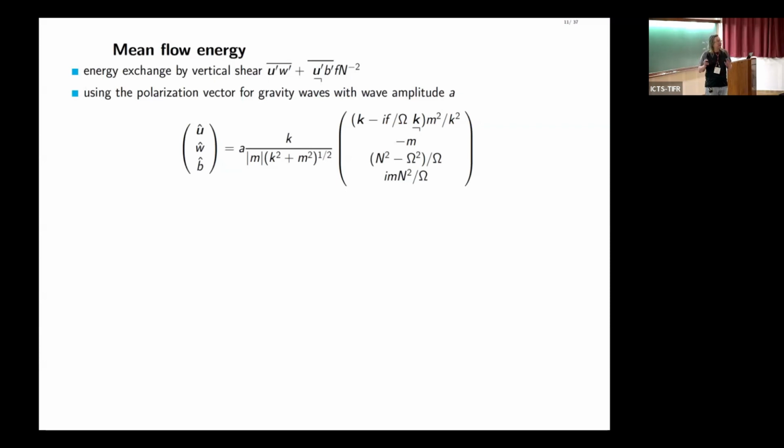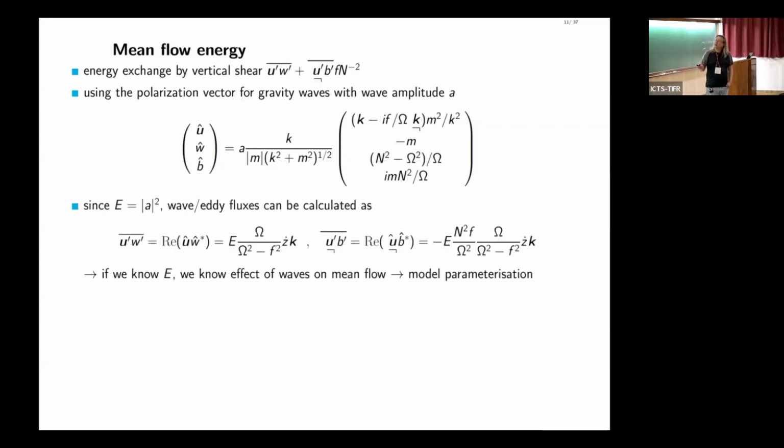We don't go to details, but you can imagine that you can now calculate the correlation between u and w. Turns out that the flux itself is the u times the complex conjugate of w part, which you can calculate here, times the energy, because if you take the correlation, you get this a square, which is the energy. So you can calculate each of these fluxes directly if you know the energy, the amplitude of your wave fluctuations, which is given by the energy.